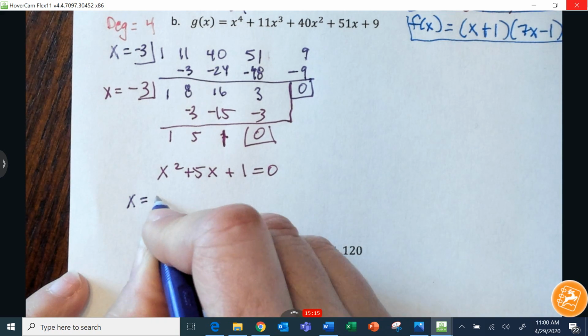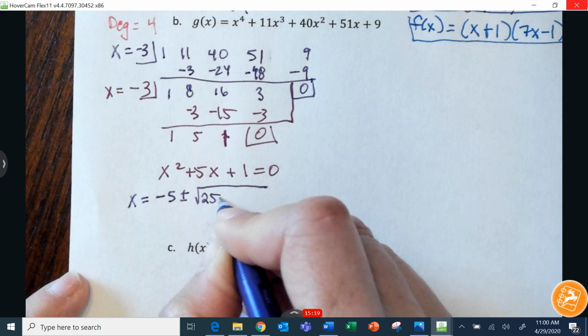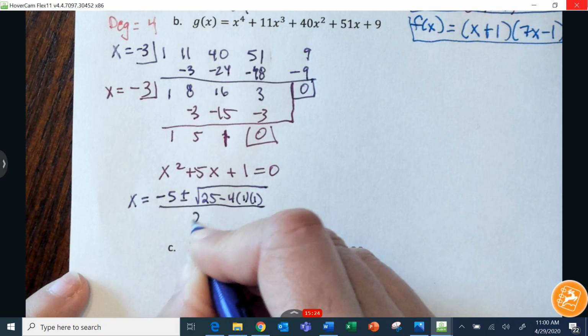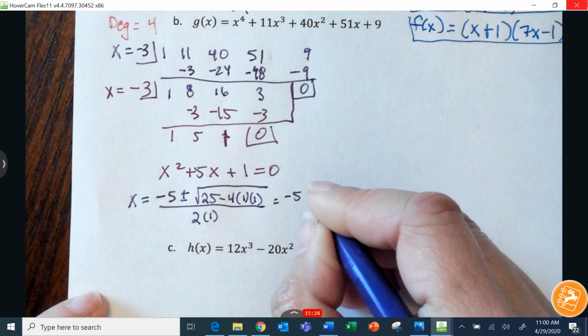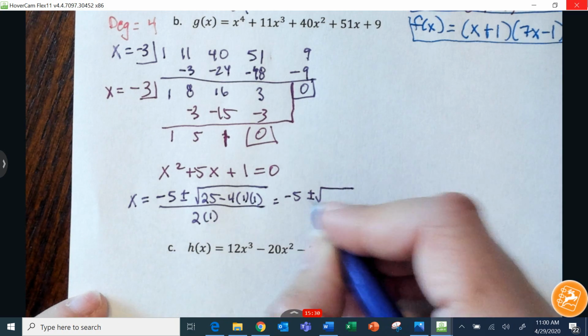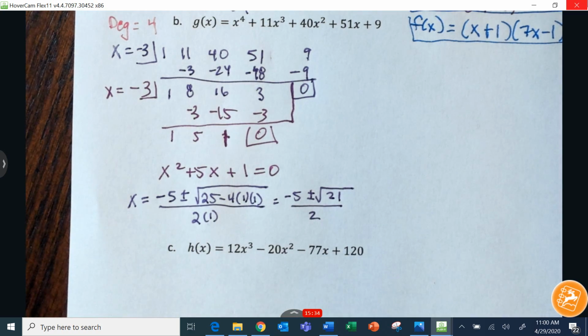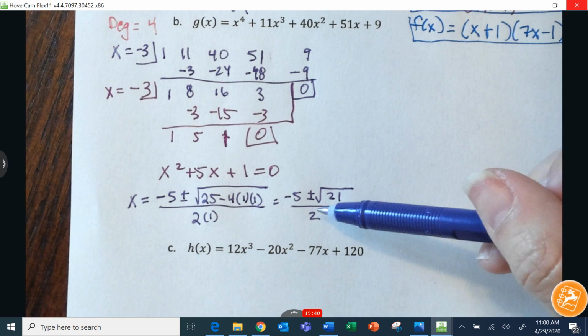X equals opposite b plus or minus square root b squared minus 4 times a times c all over 2a. So it looks like I get negative 5 plus or minus square root 21 over 2.